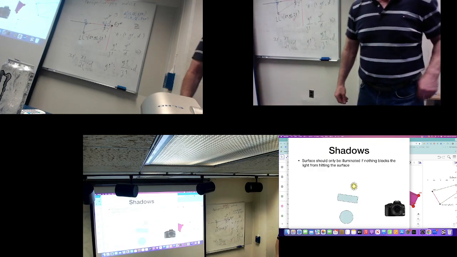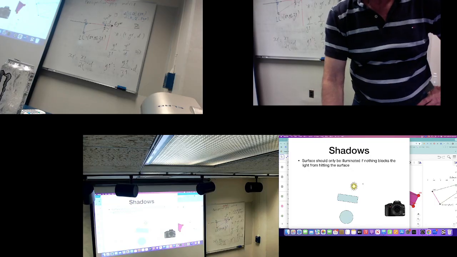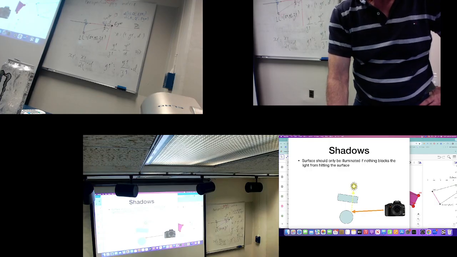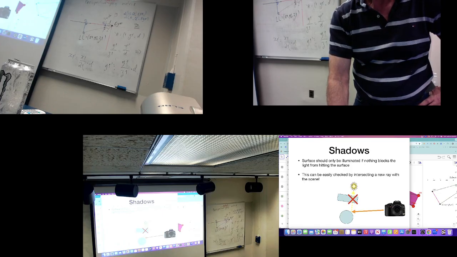Okay, shadows. Surfaces are only illuminated if nothing blocks the light, assuming that the light is a point source of light. Okay, if an object here blocks it, then it's in the shadow.